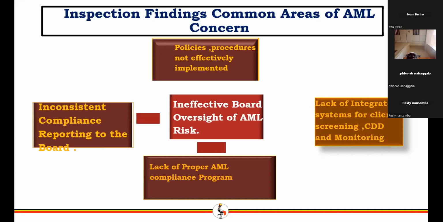We've had many entities saying, for us, we don't have suspicious transactions. It's because of manual detection, as opposed to integrated systems that frequently detect any unusual behavior based on the fields or the rules that you input.